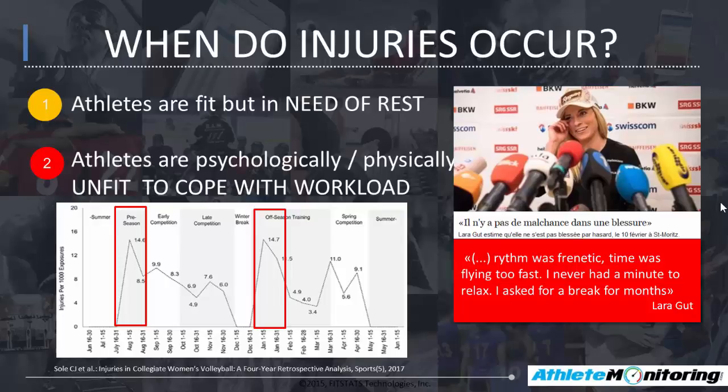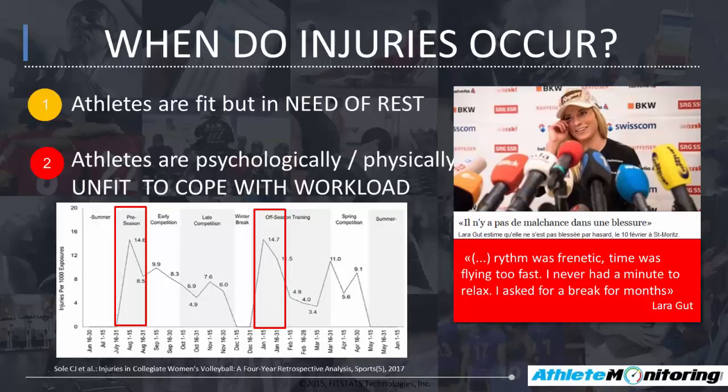When athletes are fit but in need of rest: you have top level athletes training super fit, super healthy, but they need a break and they don't get this break, and at some point the body or the mind says stop. That's exactly the scenario we see on the right side of this slide with world champion skier Lara Gut from Switzerland, who broke her knee last year.